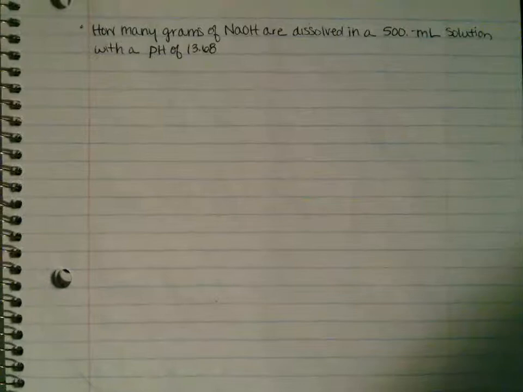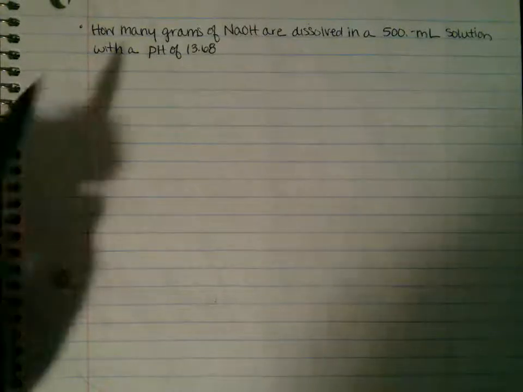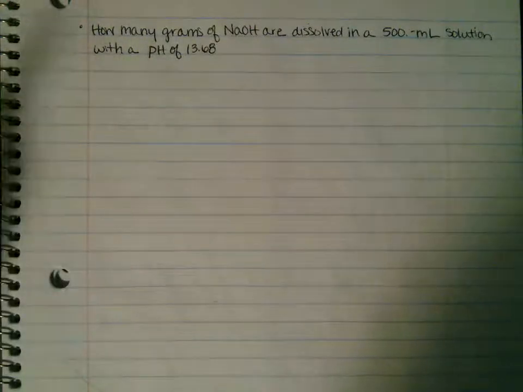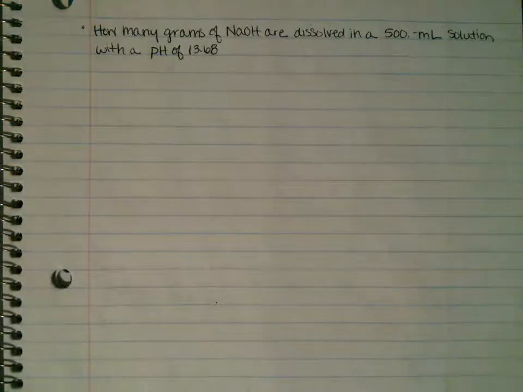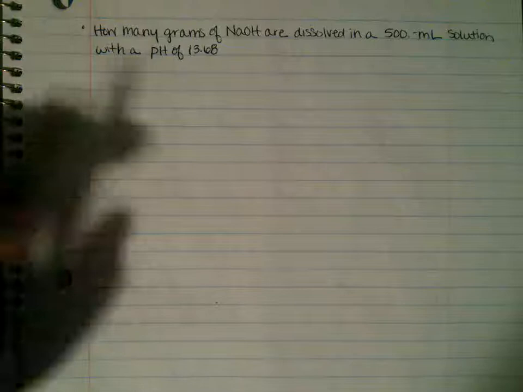Okay, we've got one more to do real quick, and this one is just kind of working backwards using everything we know. Okay, so how many grams of sodium hydroxide are dissolved in 500 milliliters with a pH of 13.68? Okay, so we can find all sorts of things, right? We can find our pOH.